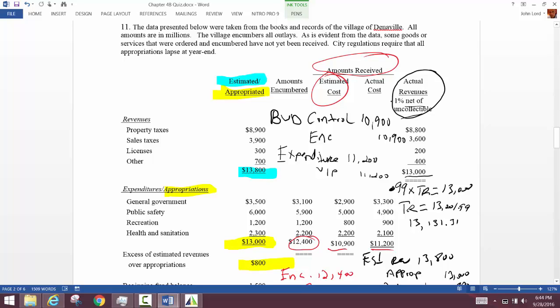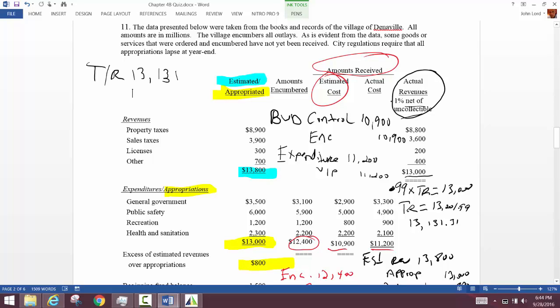Okay, good. So what am I going to do? I'll write it up here. I'm going to debit my tax receivable, remember, for the total amount that I'm mailing the bills out for, which is this 13,131, give or take.